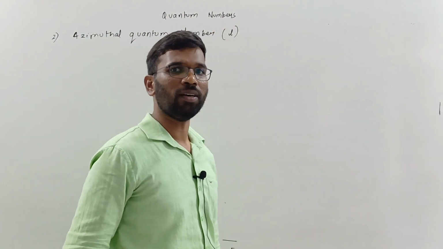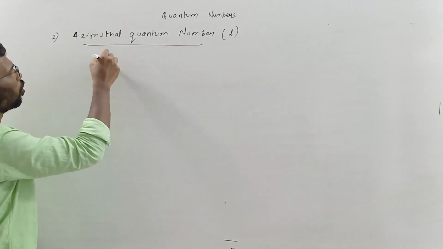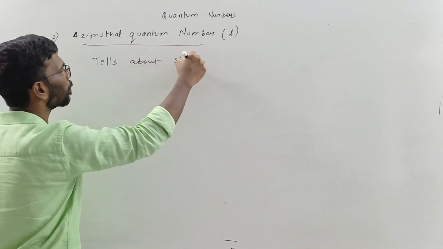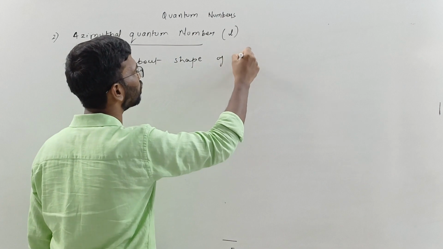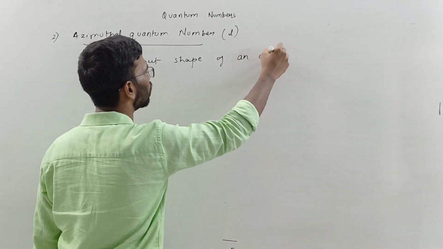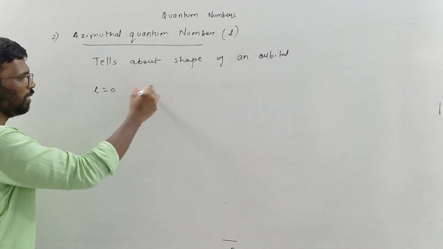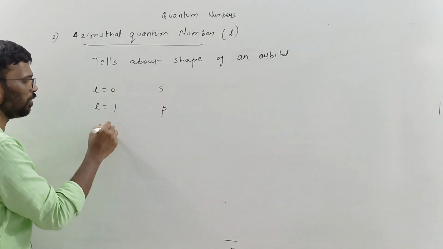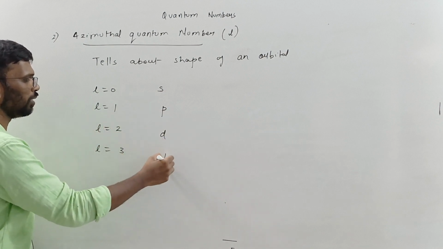This quantum number tells about the shape of an orbital. For example, if l is equal to 0, it is an s orbital. If l is equal to 1, it is a p orbital. If l is equal to 2, it is a d orbital. If l is equal to 3, it is an f orbital.